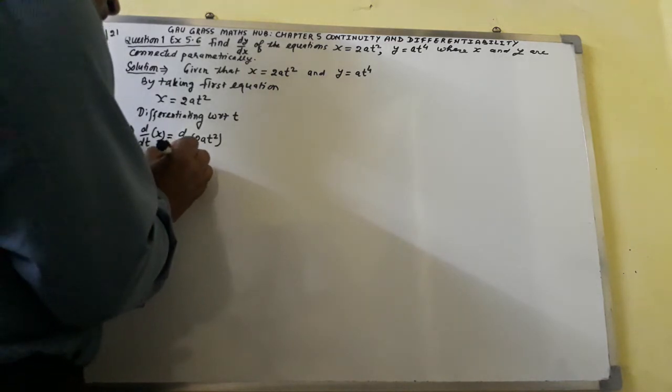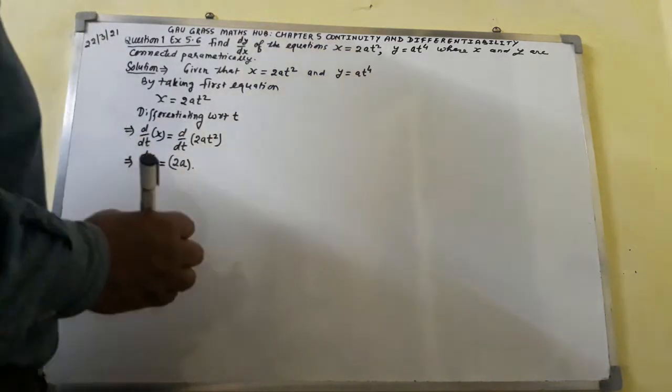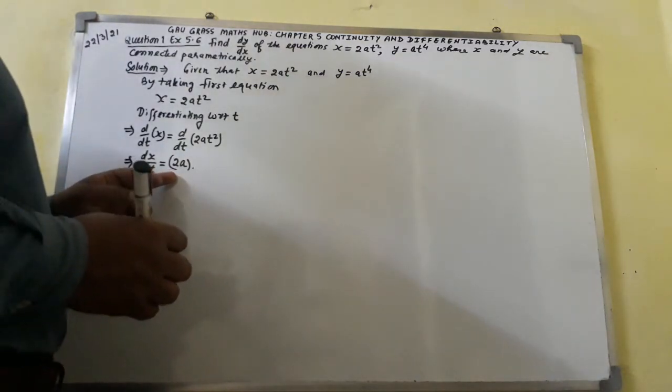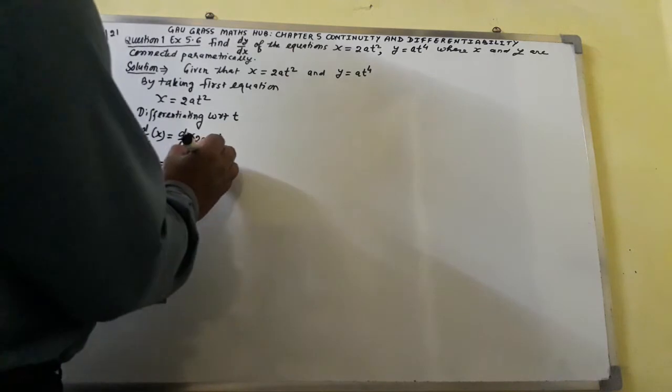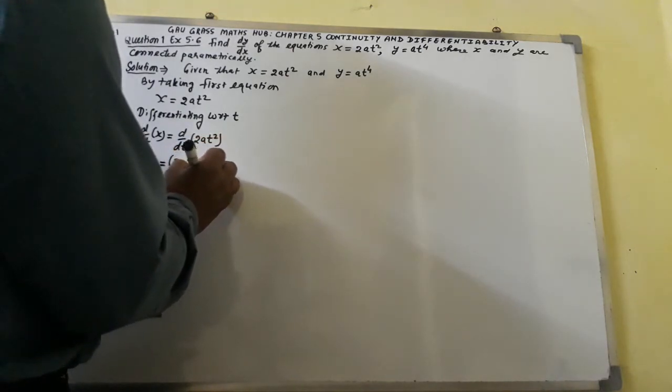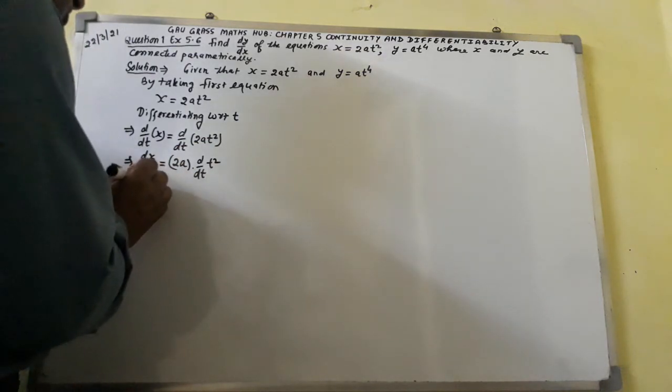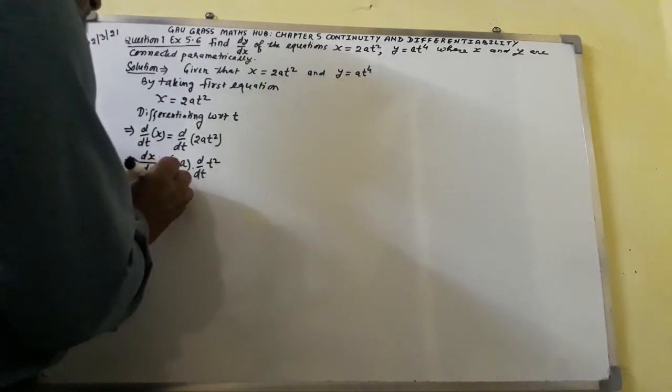We shall write 2a in brackets, and here 2a has been popped out. Here I shall write d over dt of t square.